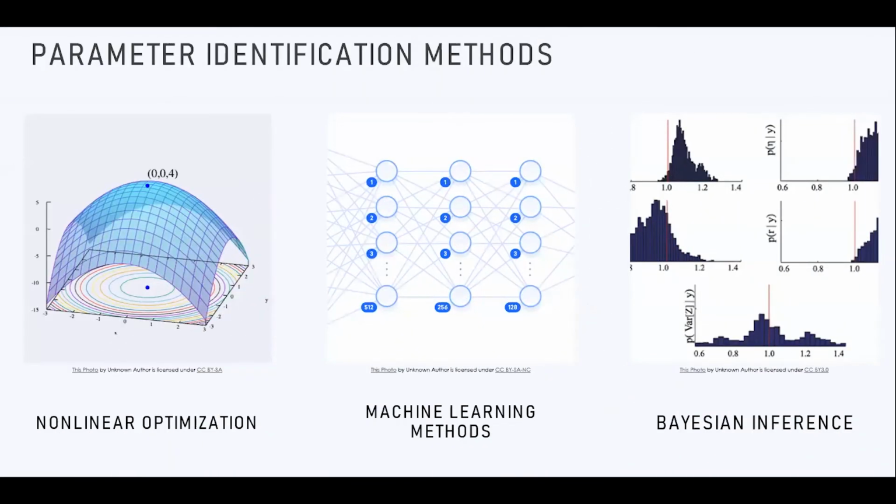What are some of the common ways in which parameter identification is done in the literature? The first one, on the very left, is nonlinear optimization, where you run an optimization algorithm that finds optimum values for each parameter in your model that would satisfy the data.